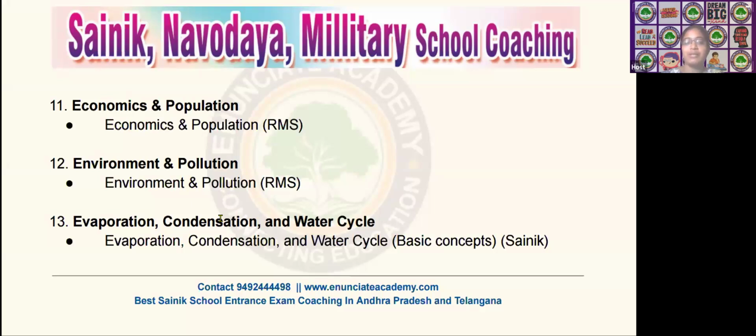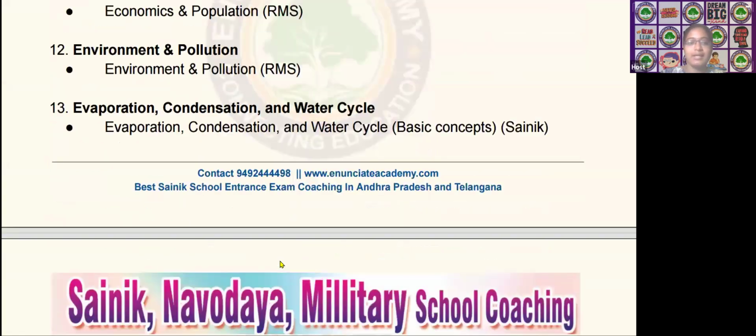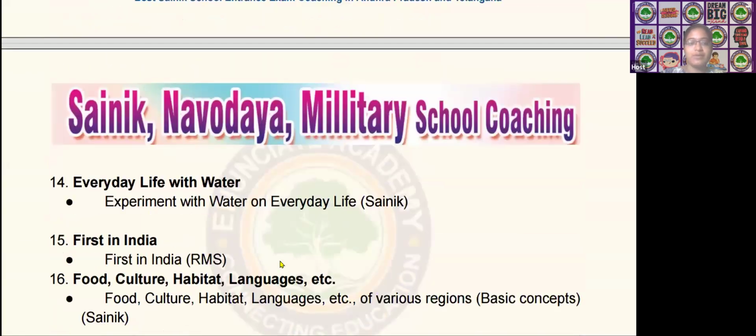This concept is only for RMS, isn't there in Sainik. And then the next one, evaporation, condensation, and the water cycle. It is generally asked in Sainik. You already know about this topic. It is a very easy concept.